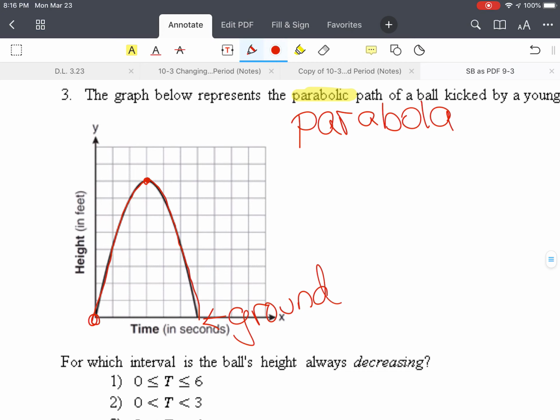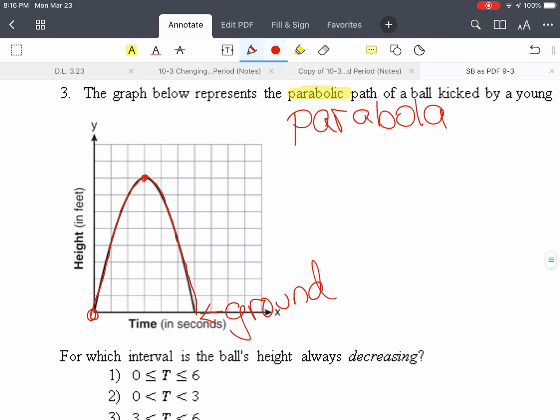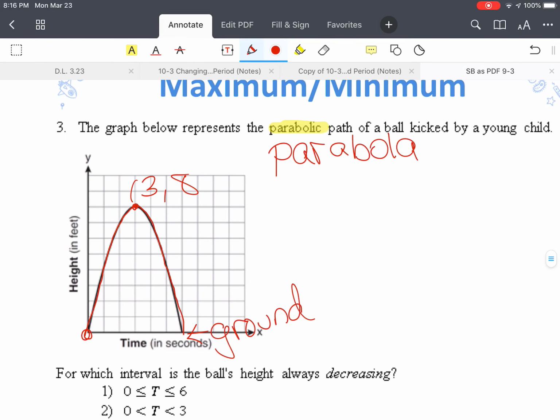So this is 3, 8. So that means at 3 seconds, the ball is at its highest point, which is 8 feet. Okay, but that's not even what they're asking. That was just so we can imagine what's happening.